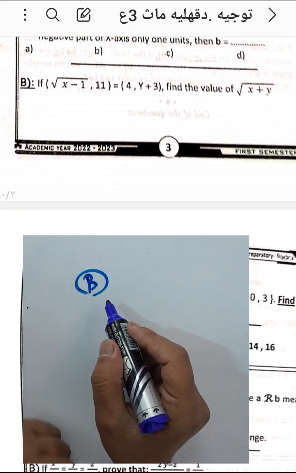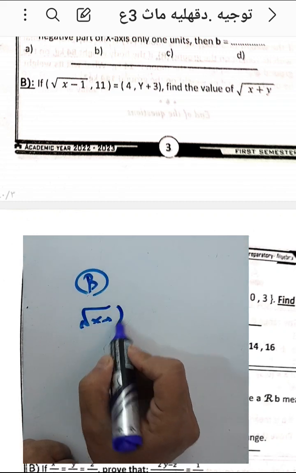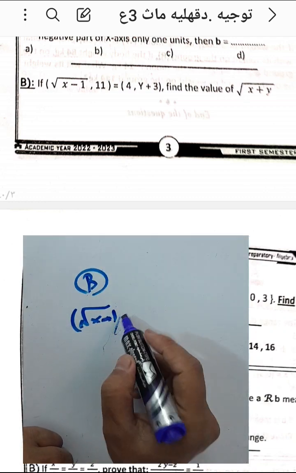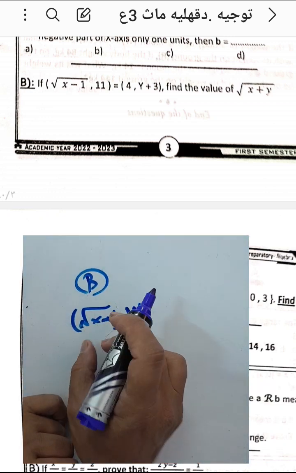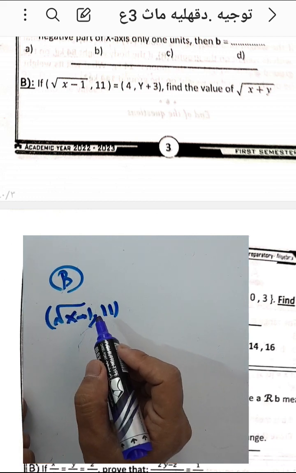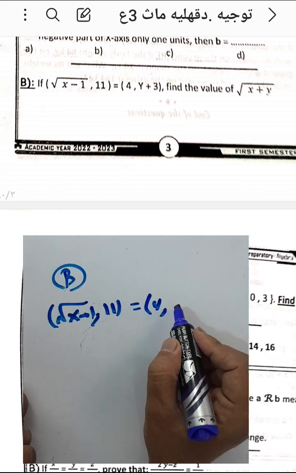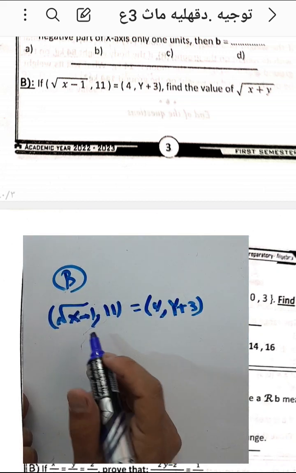Question 4. If the ordered pair (square root of x minus 1, 11) equal the ordered pair (4, y plus 3), you want to find the value of square root of x plus y.